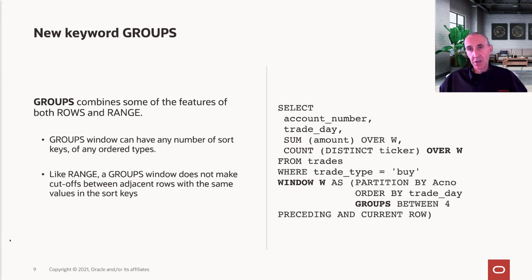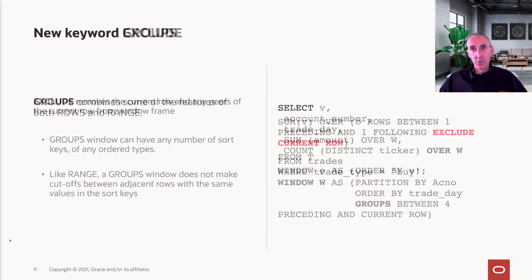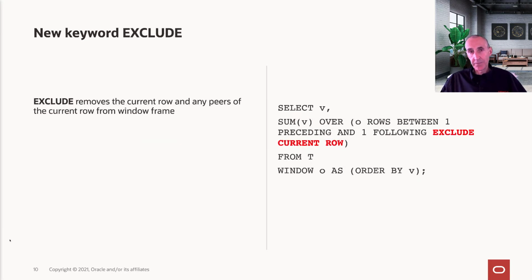I don't have to go searching through all those column definitions to see where 4 preceding is and change it to 5. Just change it in one place, and you can have as many of these window shortcut references as you need. So really powerful, very flexible.